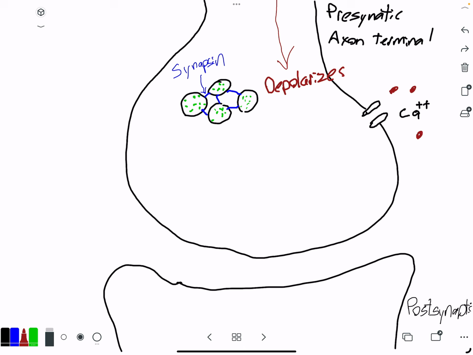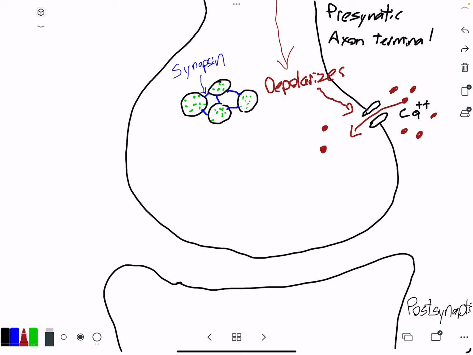Calcium ions are in higher concentration in the extracellular space. So this depolarization activates these calcium channels, and calcium rushes in. There's about 10,000 times more calcium outside of the cell than inside, so they easily flow in down their concentration gradient.